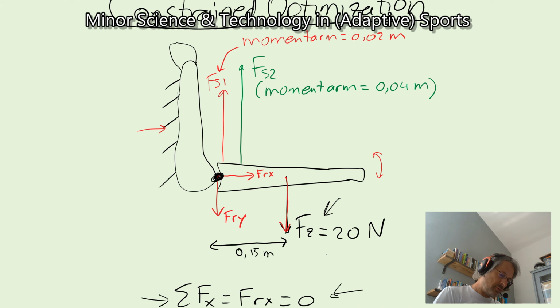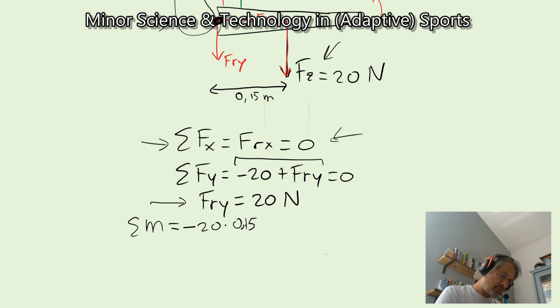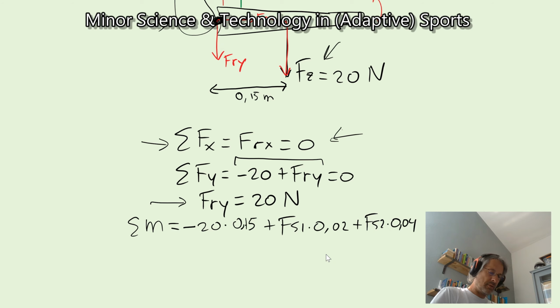Then we have two forces, Fs1, Fs2. Fs1 has a moment arm of 2 centimeters. Fs1 times 2 centimeters and Fs2 times 4 centimeters. These are the three torques that are applied. And if you look at this equation, well, of course, if you add them, they should be 0.